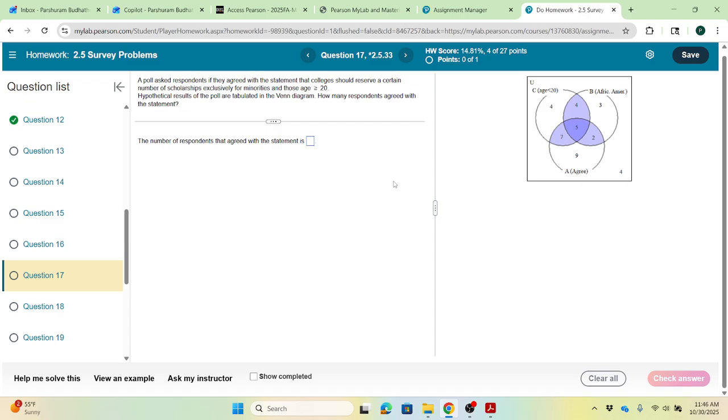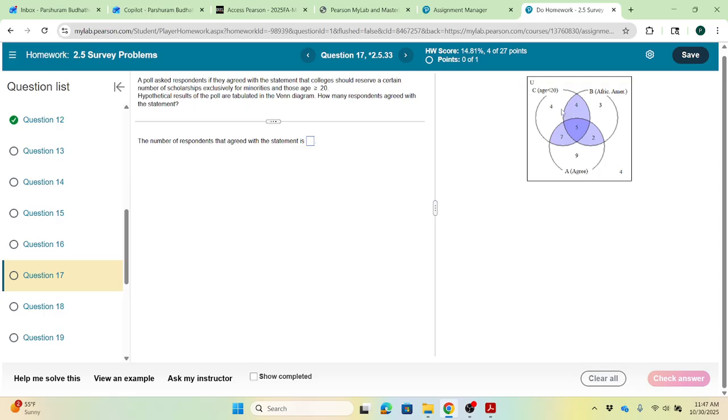So this is age less than 20. This is the value. These are the responded, who agree, they come here. African American, they go here.